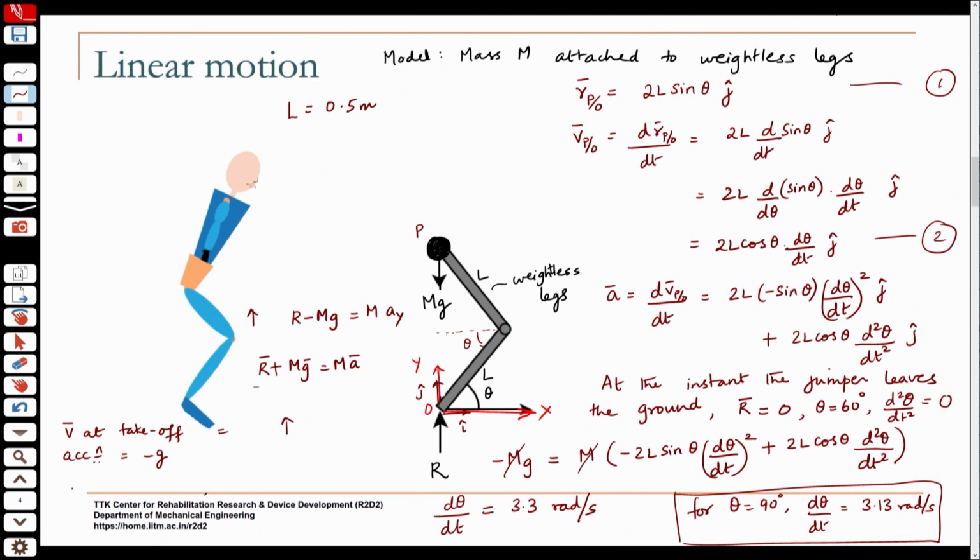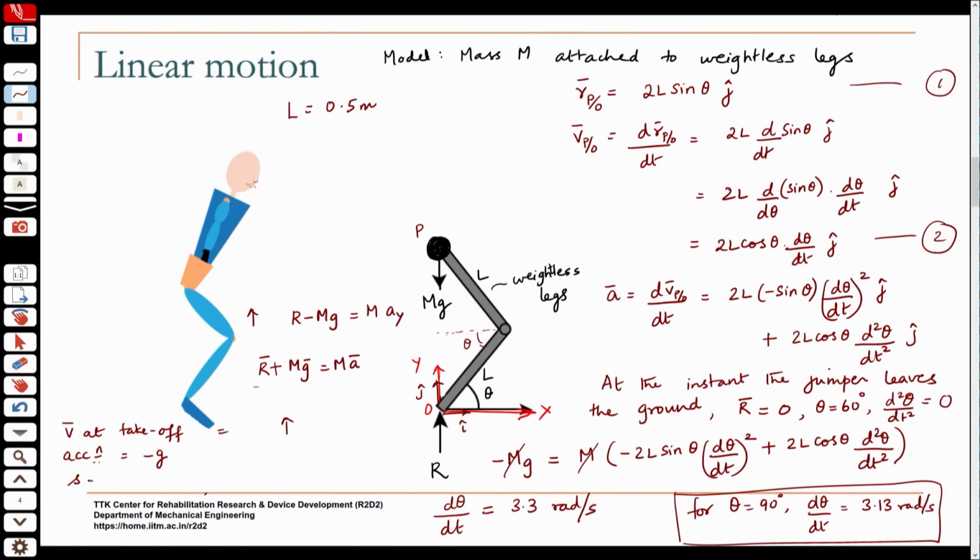How do I know how much it travels? I say s is v square by 2g, which will give me the height it travels, because I am just considering it as a particle.